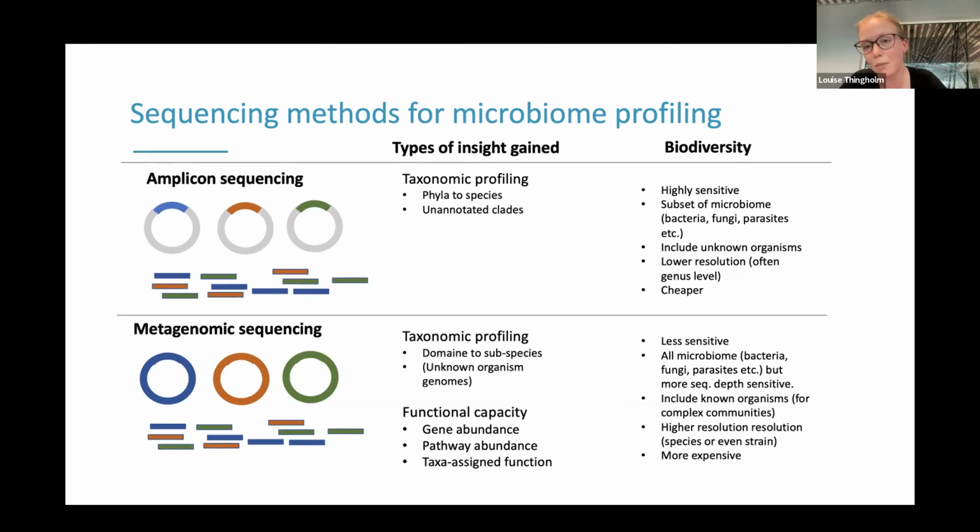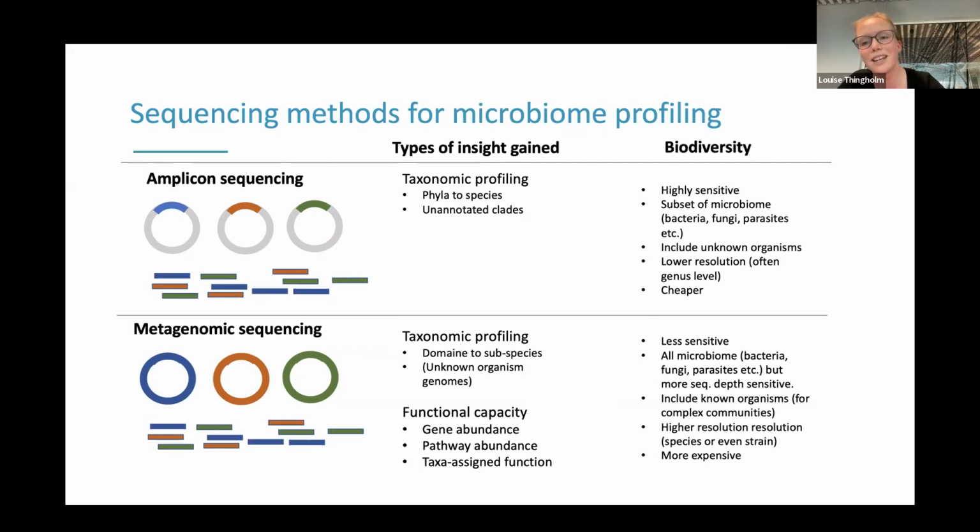Often when you have, for example, a soil sample that is a highly complex sample, you have to use reference databases to study it. So you can only look at these microbes that we have information on to begin with. So it's not sensitive to unknown parts of the community.